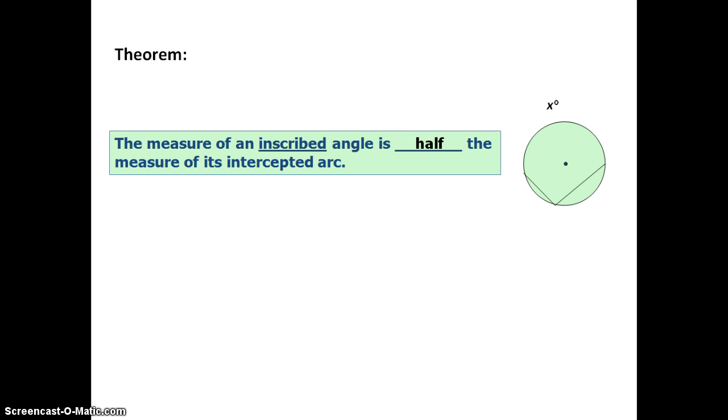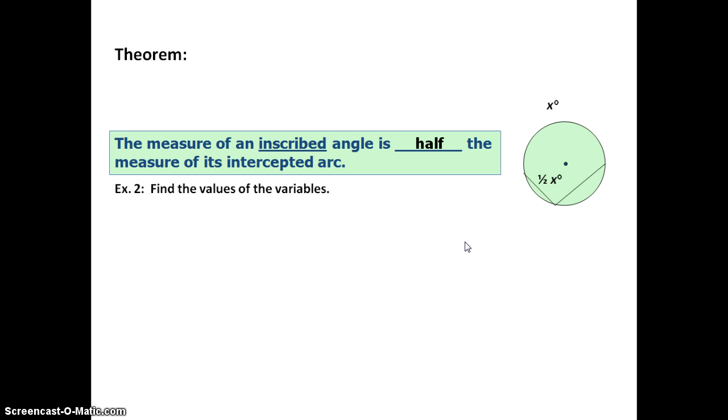So if we called the arc x degrees, the inscribed angle right here would be half of whatever those degrees were. So if this was 30, this would be 15. If this was 26, this would be 13. If this was 50, this would be 25. It's always going to be half of the arc.